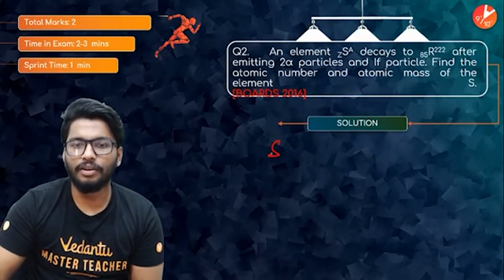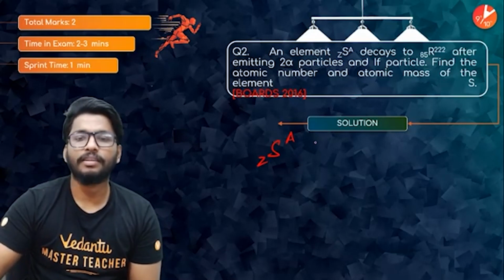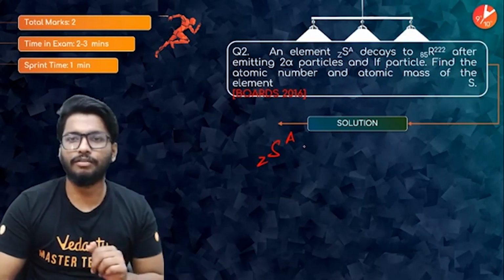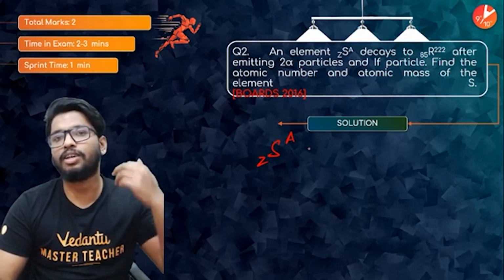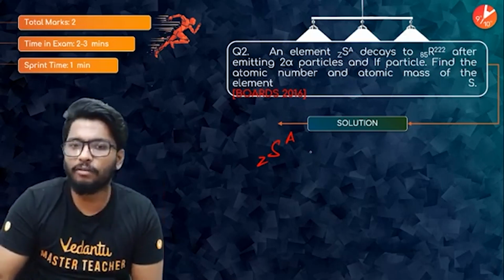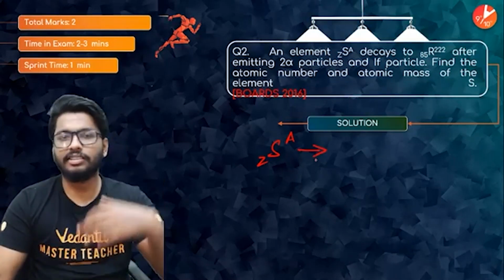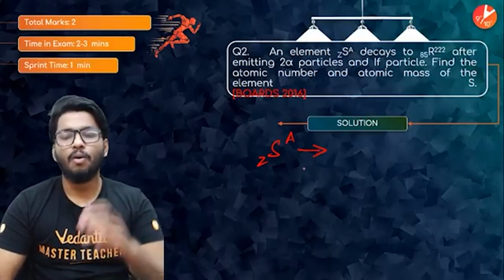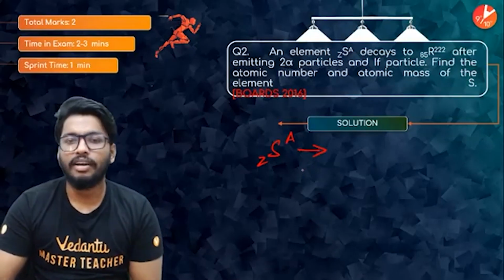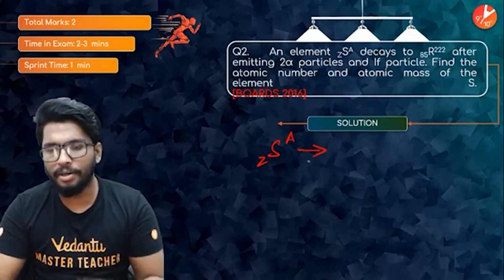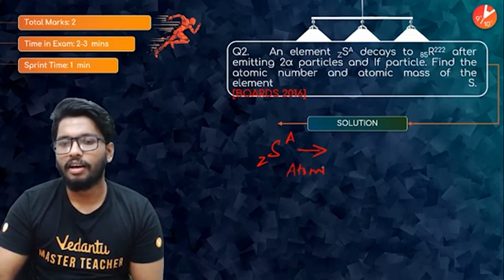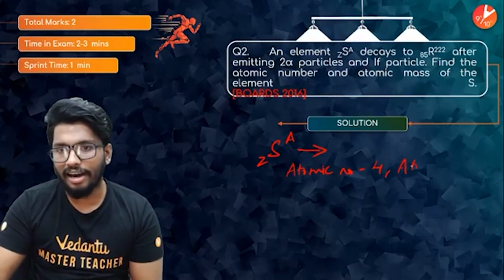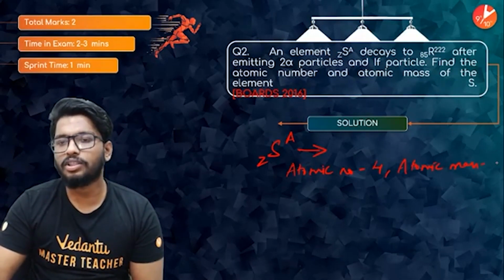First of all, this is the element. If it undergoes radioactive decay and gives out 2 alpha particles, what will happen? The first thing you have to understand, guys, is that when an alpha particle is emitted, the atomic number reduces by 2 and the mass number by 4, so for 2 alpha particles the atomic number would reduce by 4, whereas the atomic mass would reduce by 8.